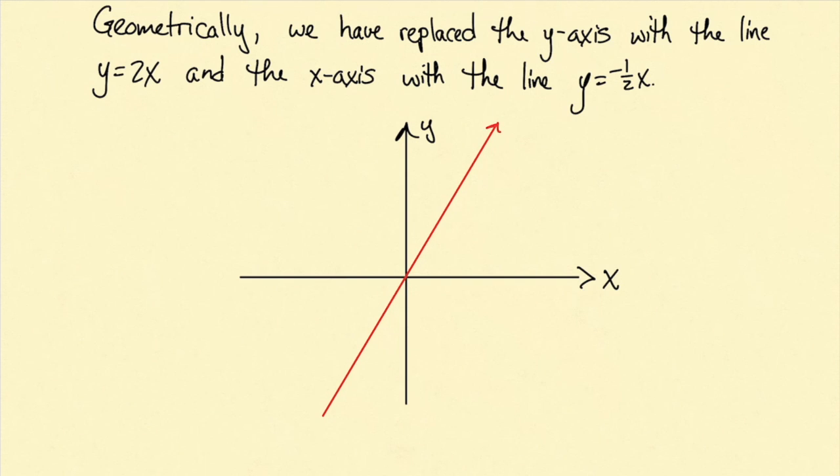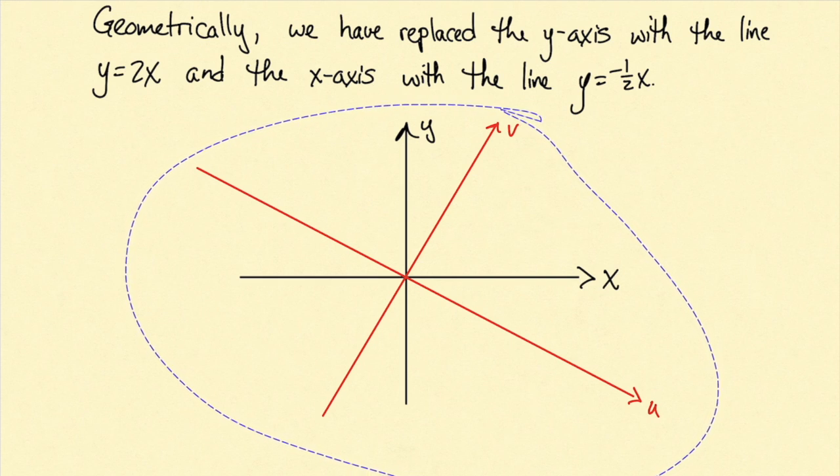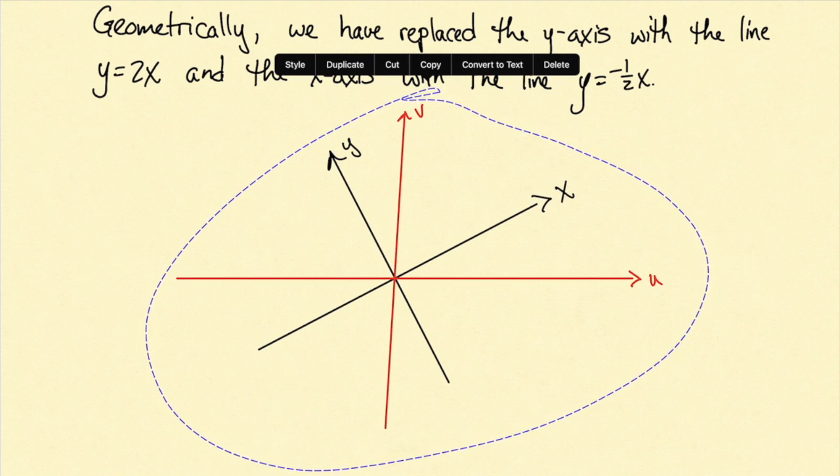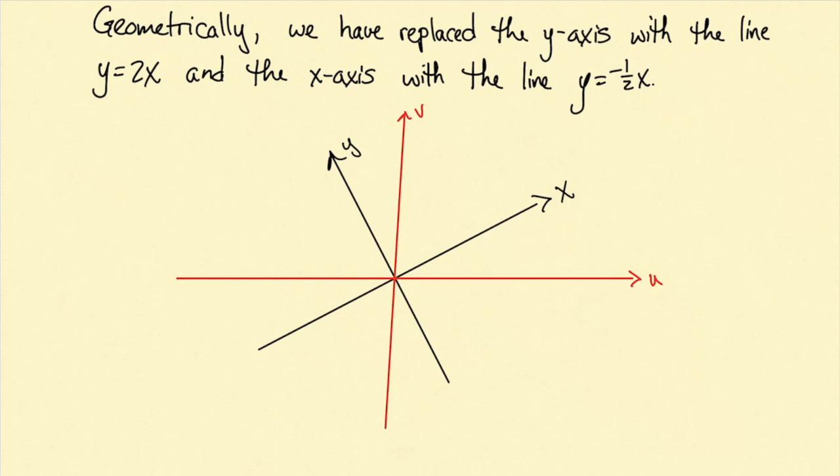One in the direction of the vector v, that's going to be our new v-axis, and another which is perpendicular, in the direction of u, which will be our new u-axis. Changing our coordinate system is the same as simply rotating our picture. So in the UV plane, the vector v now points straight up, and the vector u points to the right.